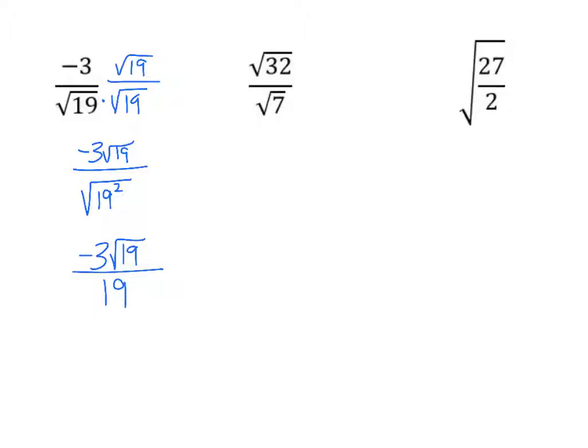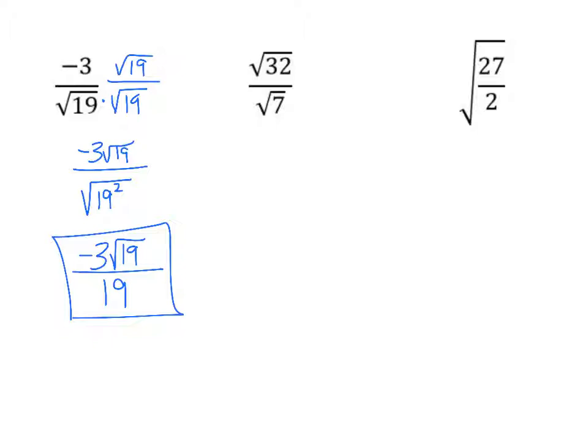Now, we're always going to try to reduce after we rationalize, and what you're looking to reduce are like things. This 3 and 19 are both outside the radical, so they could maybe reduce, except that they don't. These 19s seem like they would, except this one is in the radical, this one is not. You do not get to reduce that way, only like things. So I'm done. I'm going to call it quits with my answer right there.